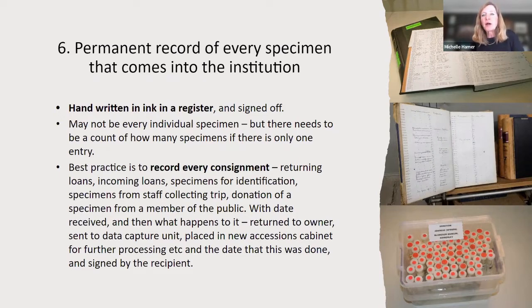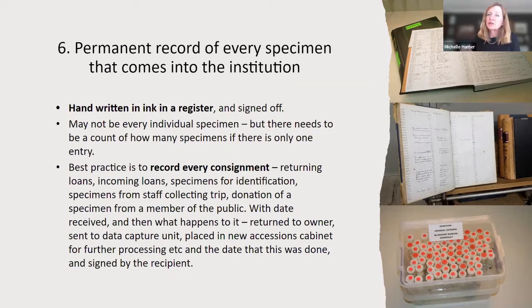And it's really best practice to record every single thing that comes into the institution, whether it's a loan that's coming back in, a loan that's coming in from another institution for the scientists in your institution, specimens coming in for identification, specimens from a staff collecting trip, or a donation of a specimen from a member of the public. So every single thing gets put into that register.